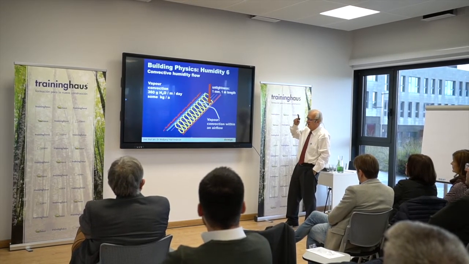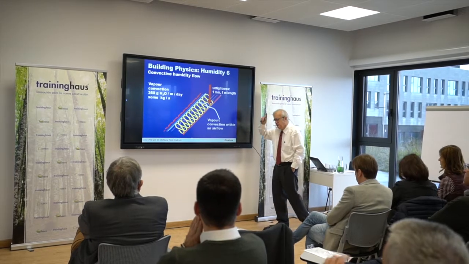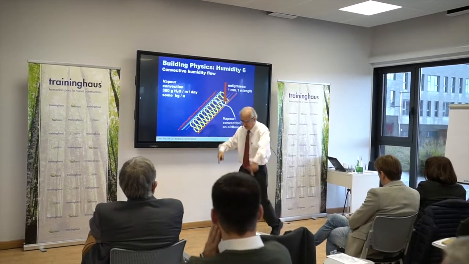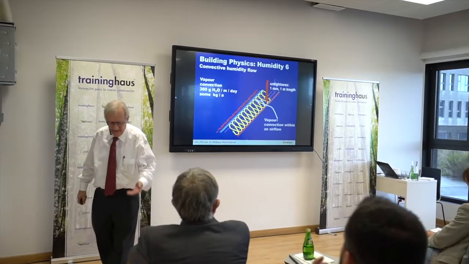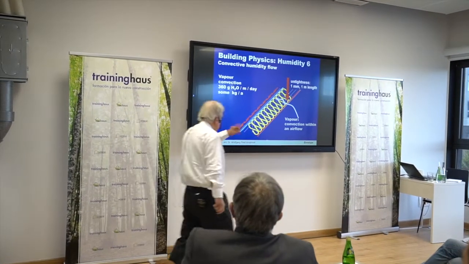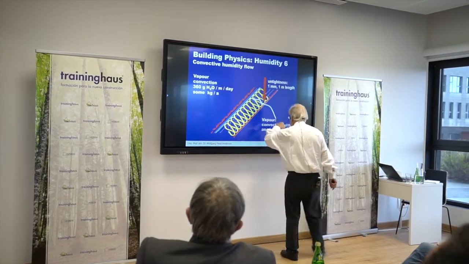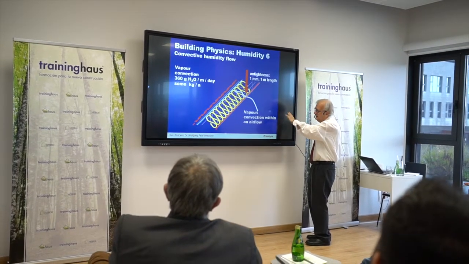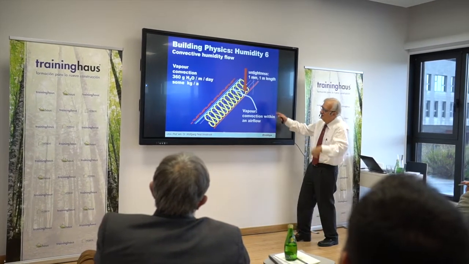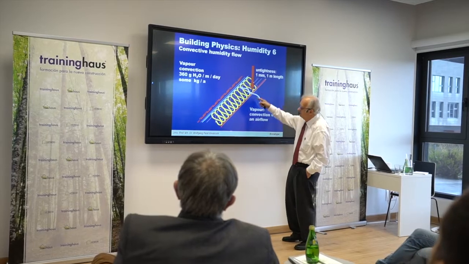Okay, so now let's look onto how many. It's easy to calculate that. I won't go through these calculations. You have to believe me at that point, but it's easy to do that calculation. You can calculate the amount of air going through here. You can look how many water molecules are in it, how many grams per cubic meter, and then you can calculate how much humidity is transported this way.